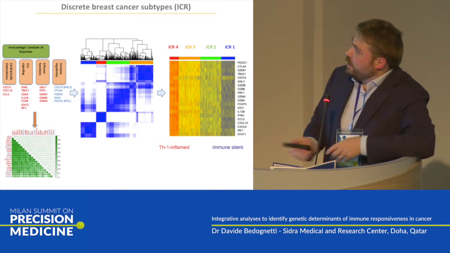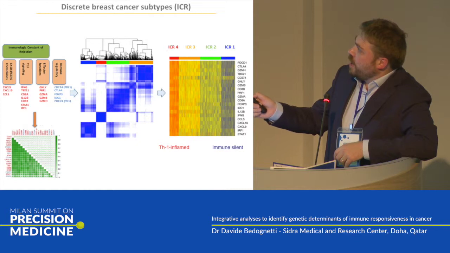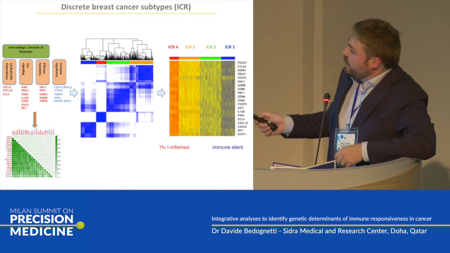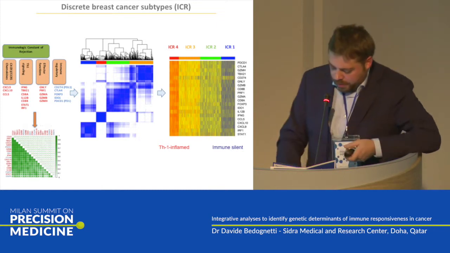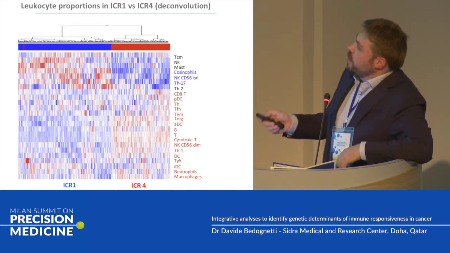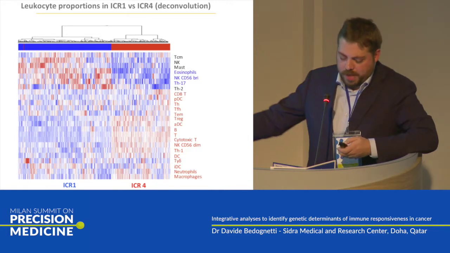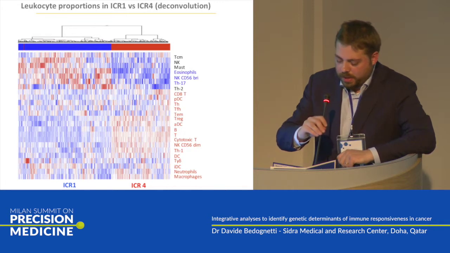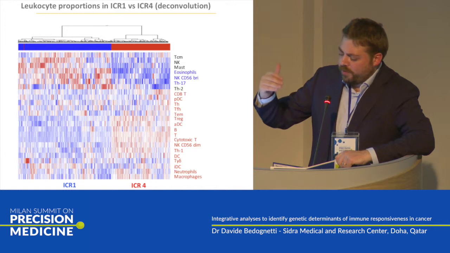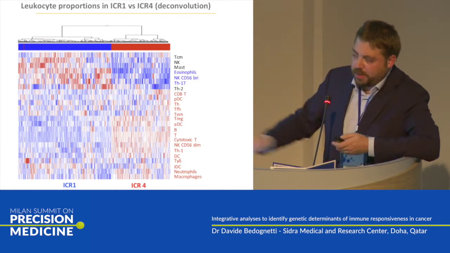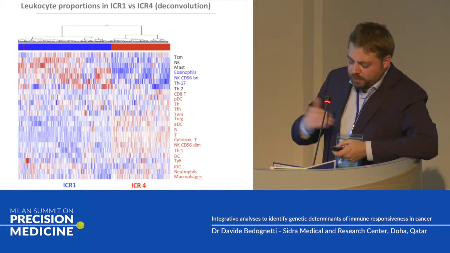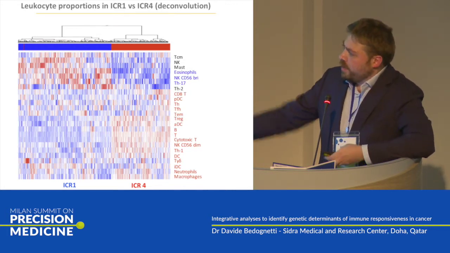So ICR4 is the Th1 inflamed subtype. ICR1 is the immune silent subtype. To visualize this information, we could estimate the density or level of different leukocyte populations by deconvoluting RNA-seq data.